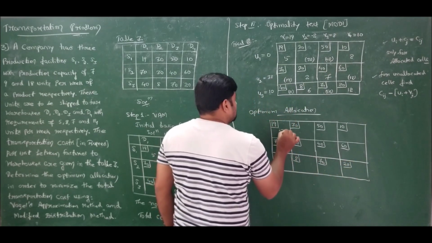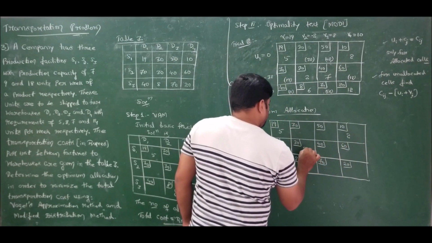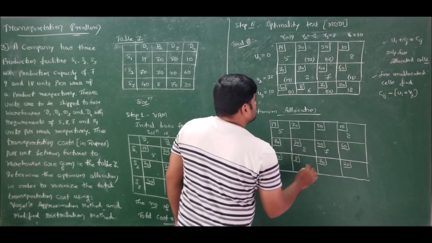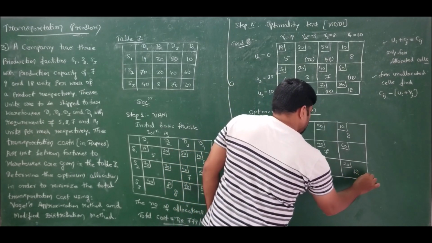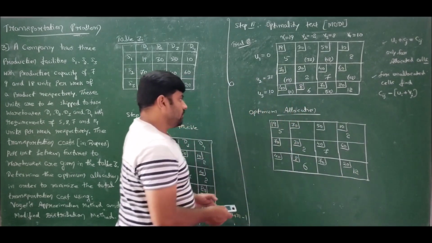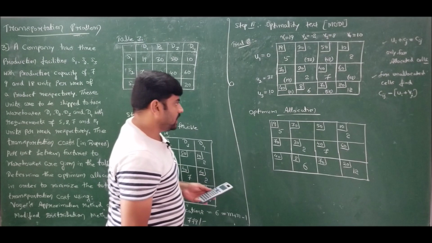Coming for allocations, it is 5 units, 2 units, 2 units, 7 units, 6 units and 12 units. So if you count, it should be 34. 5 plus 2 plus 2 plus 7 plus 6 plus 12 is 34, correct?